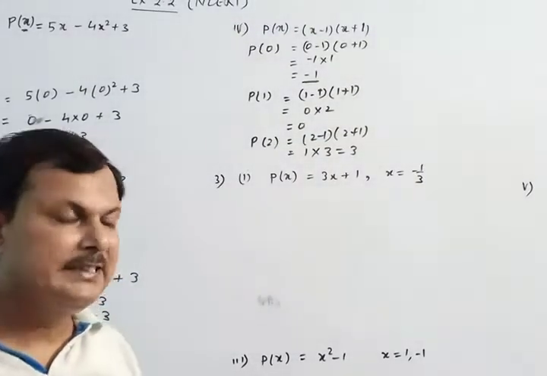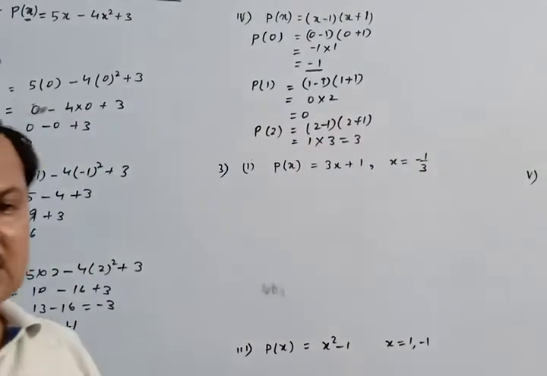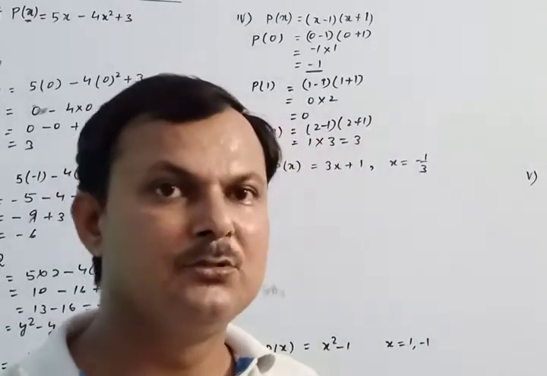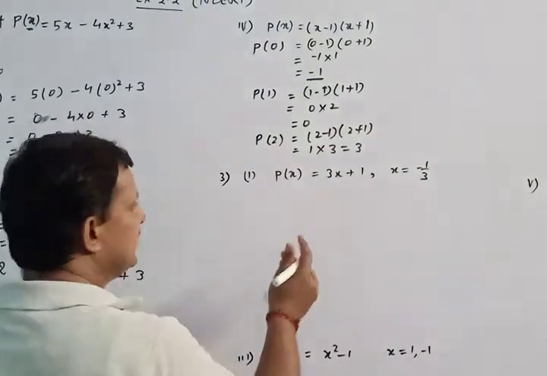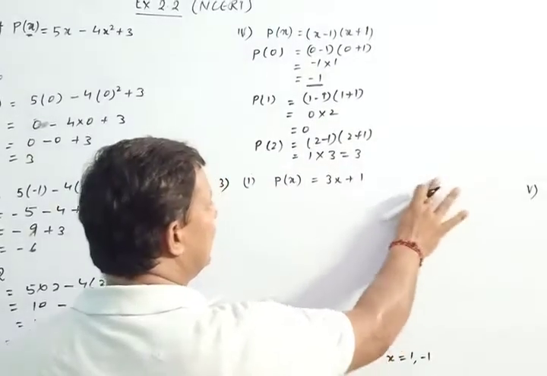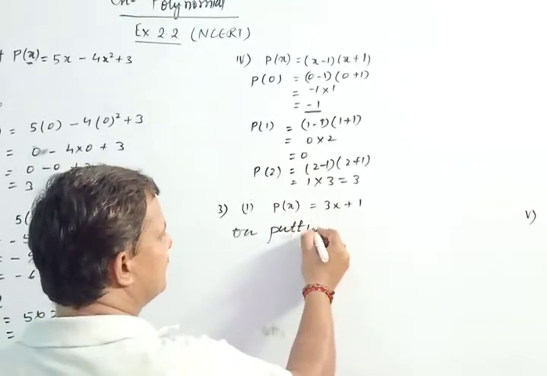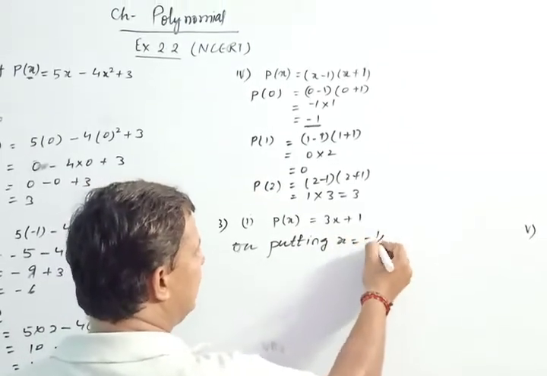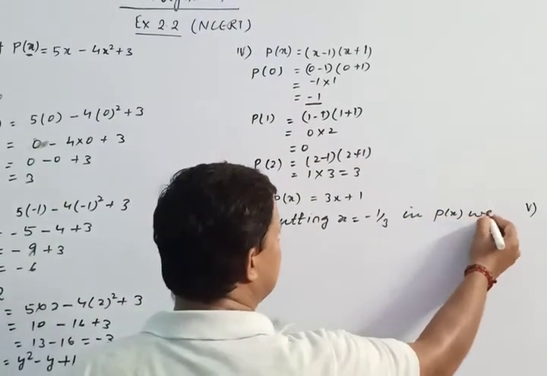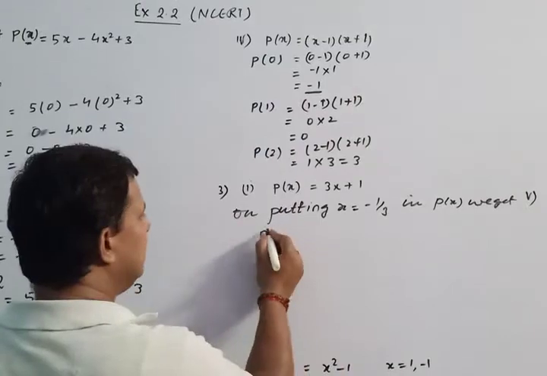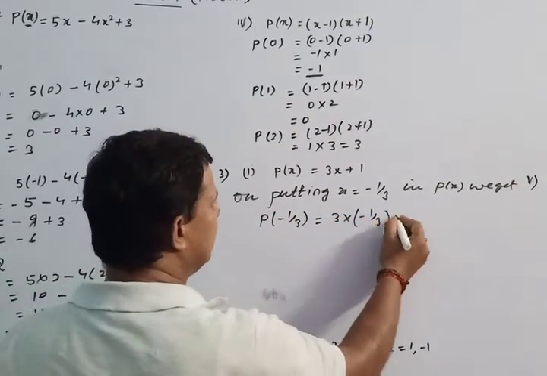Now in question number 3, you have to check whether the given value is a zero of the polynomial or not. The zero of a polynomial is that value which makes the polynomial zero. So now, on putting x is equal to minus 1 by 3 in p(x), we get p(-1/3) is equal to 3 into minus 1 by 3 plus 1.